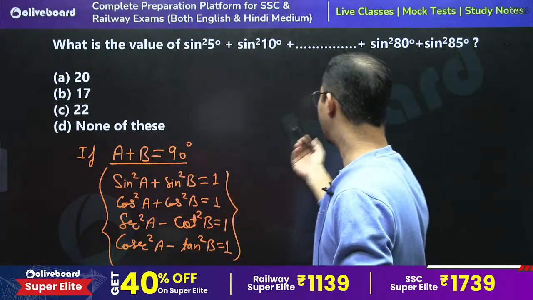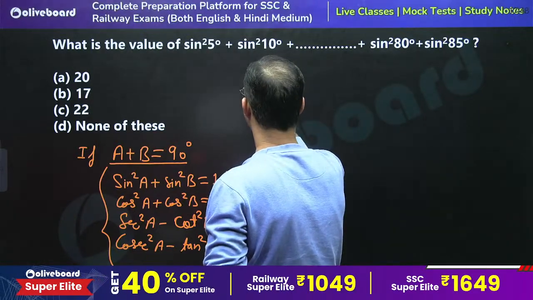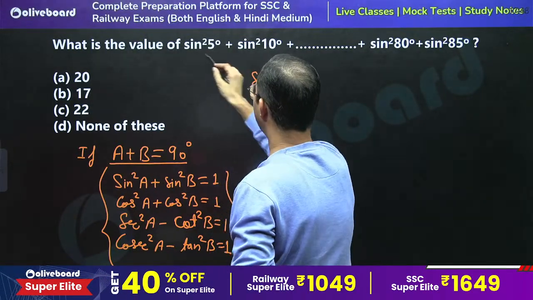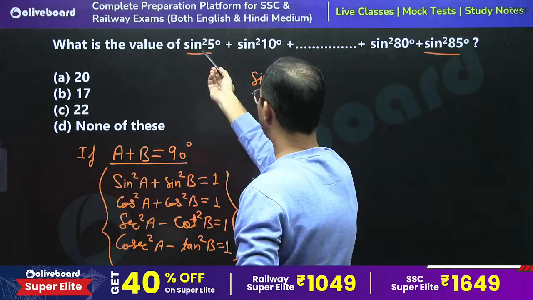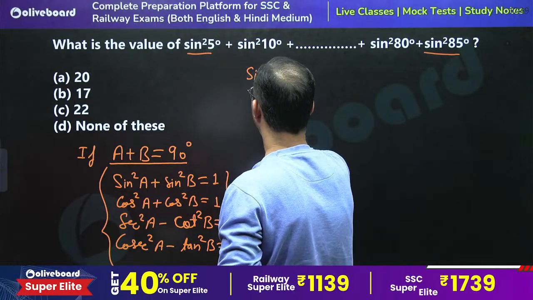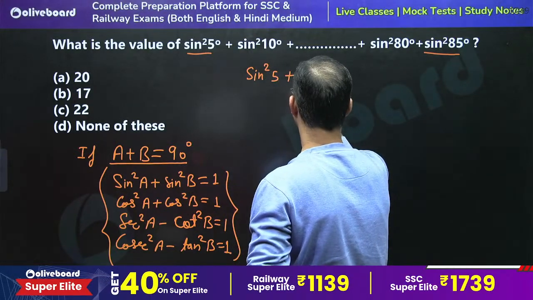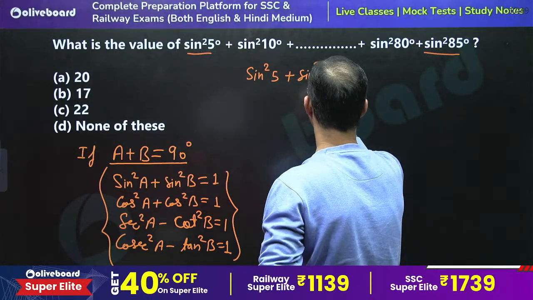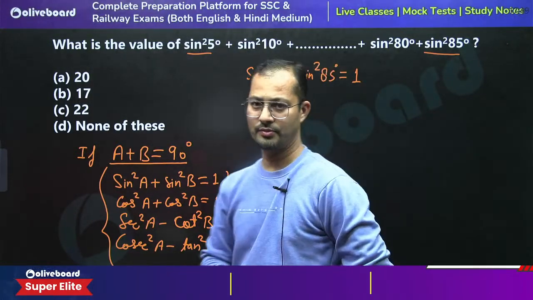Okay, so let's do the question. Here we can say that there is a pair of sine square. We take one term from the start and one term from the last. So taking one term from the front, sine square 5, plus one term from the back, sine square 85, it must be equal to 1. Yes or no?